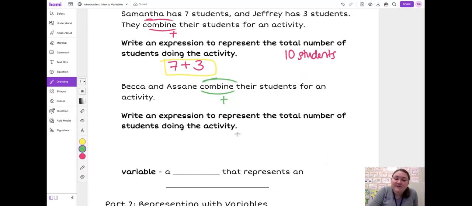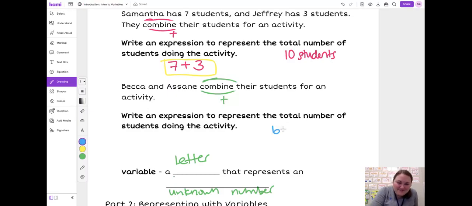A variable is going to look like a letter. And that letter is going to represent an unknown number. So for example, in this story here, I would need 2 letters for the 2 numbers I don't know. I don't know how many students Becca has.